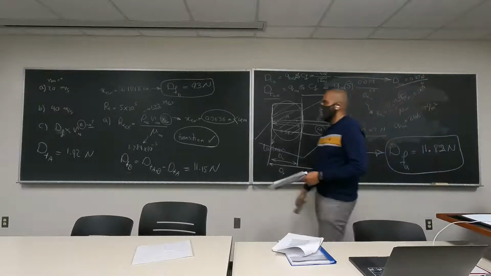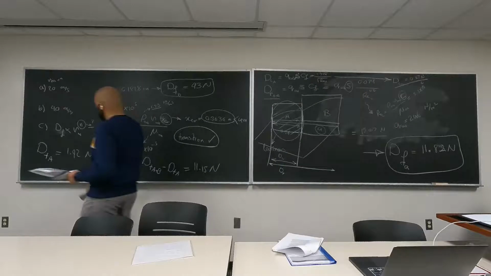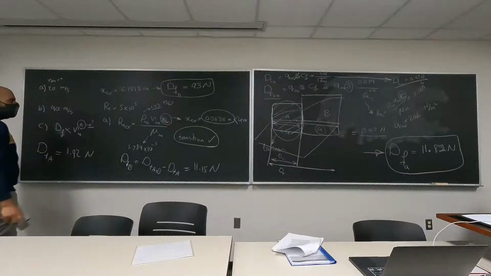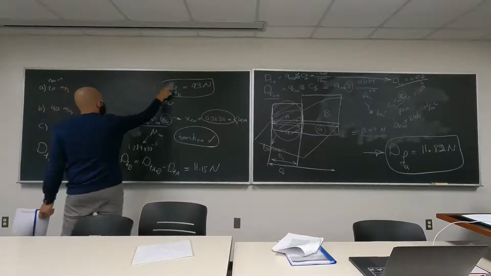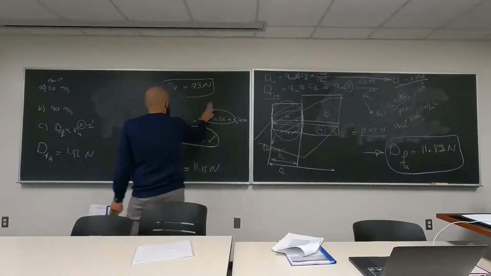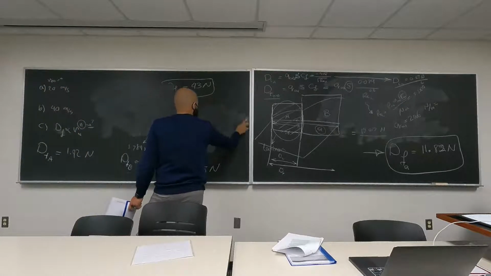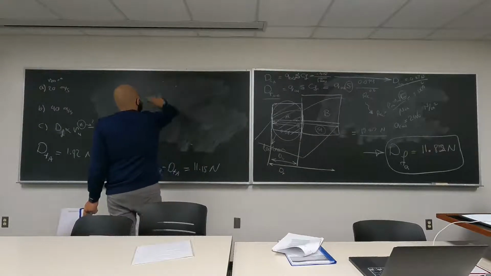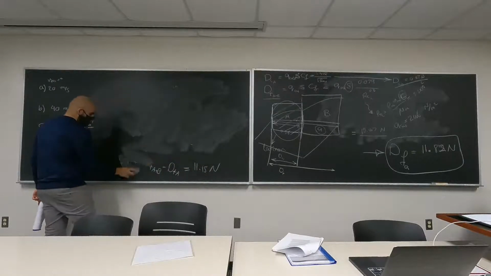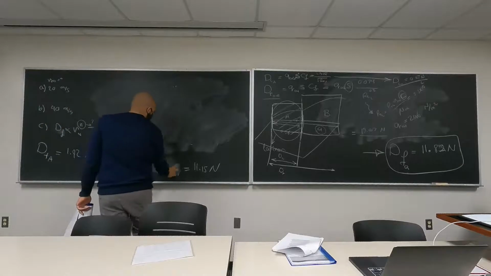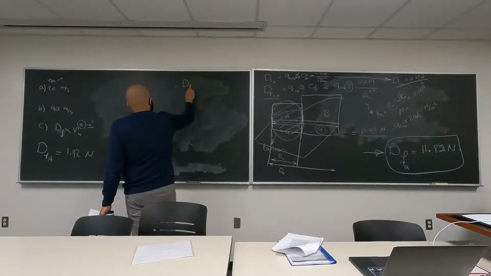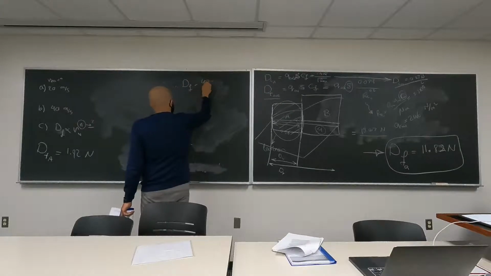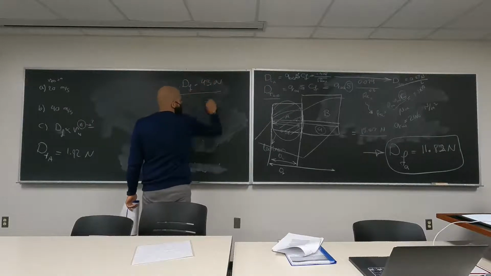Okay. So what should we do for part C? We want to find the value of N, right? The power here. We have the drag for part B, which was 43 newtons.